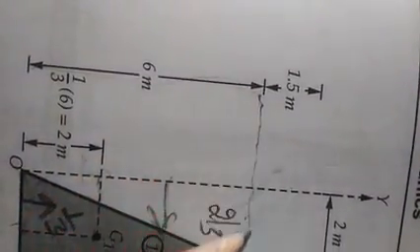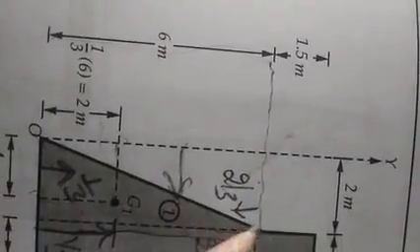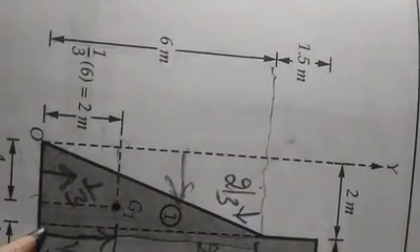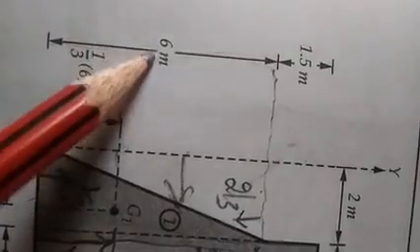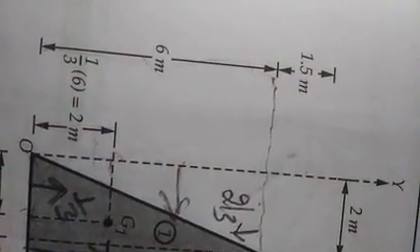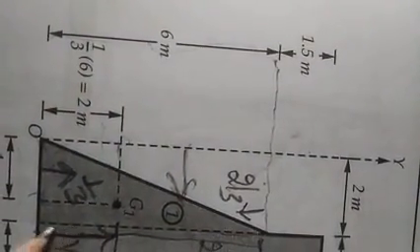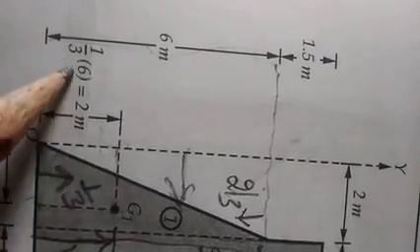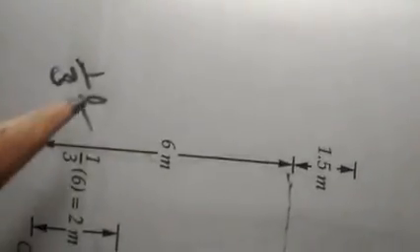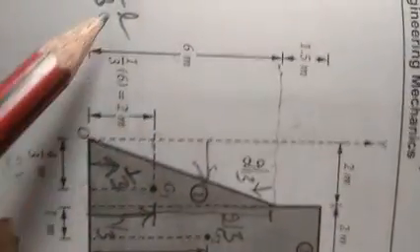See here, what does this mean? This length from here to here is the 6 meters they have given. So 1/3 of its length, if you take this as L, is nothing but 1/3 of L.